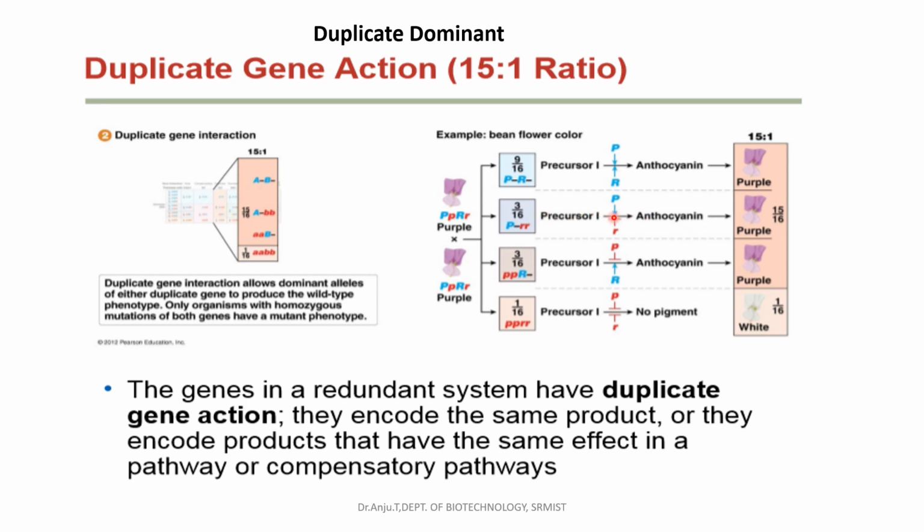In the second case, the dominant allele of P gene is present, so it can produce the product. In the third case, P is in the recessive form whereas R gene is in the dominant form, then also it can form the product. Only when both the genes are in the recessive form, a mutated product is formed. That is why it is called duplicate dominant. And the ratio you get is 15:1.